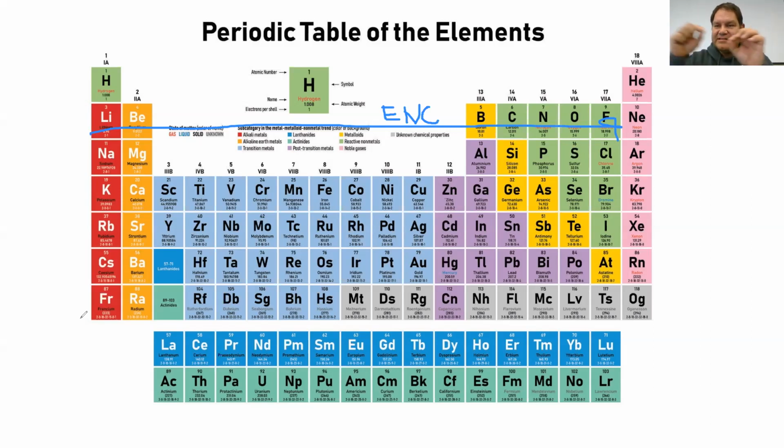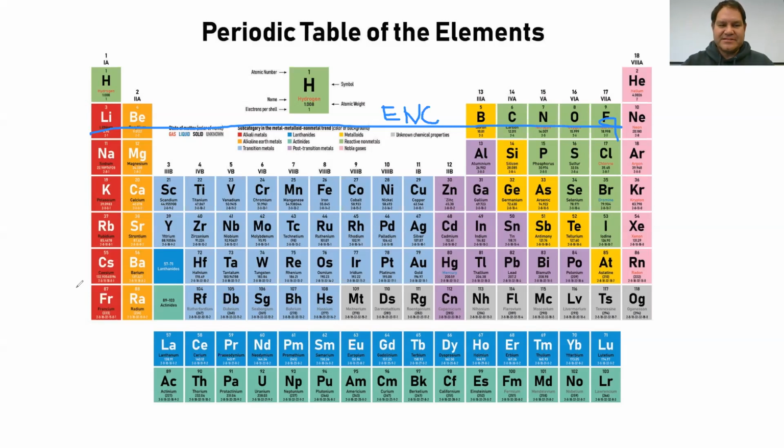Coulomb's law, the distance, okay? The distance is increasing as we're going down a group, because we're adding one more shell. And as we're adding more shells, the valence electron and the nucleus are getting further away.